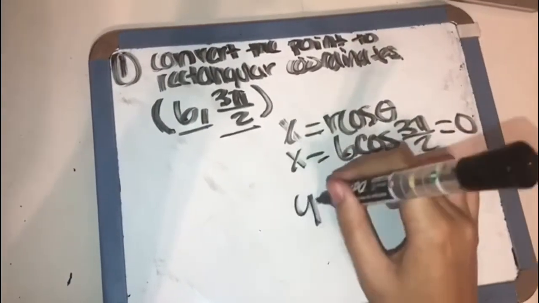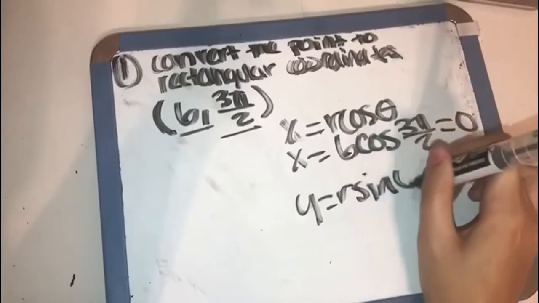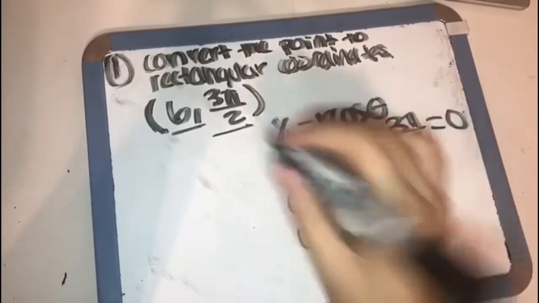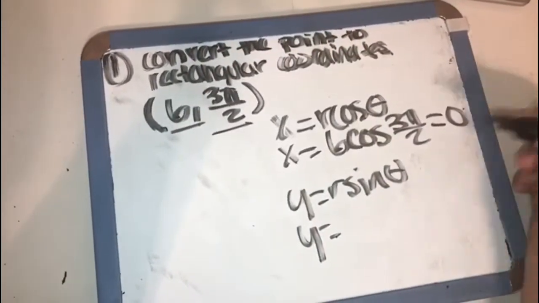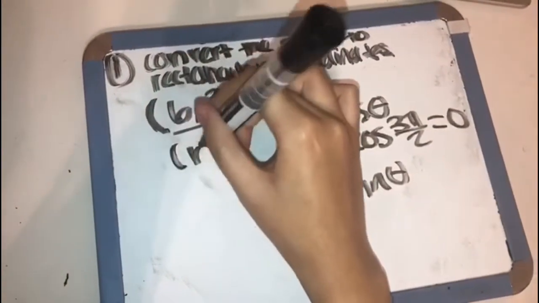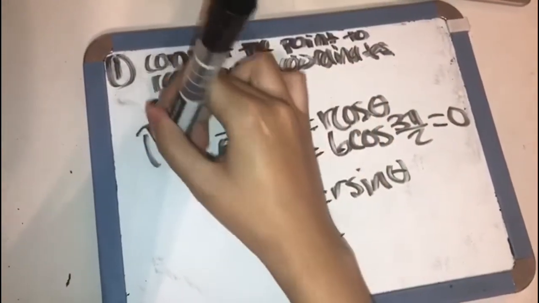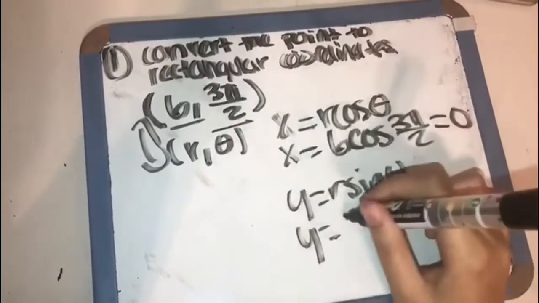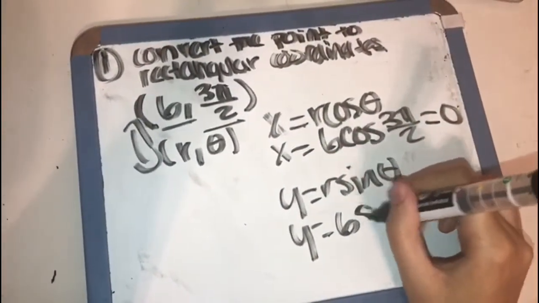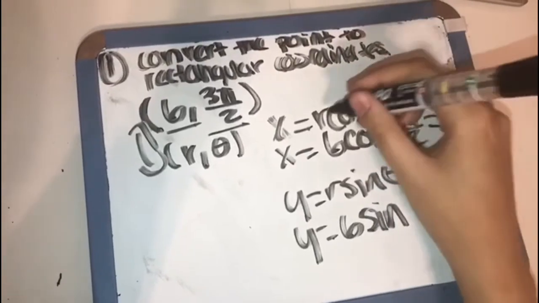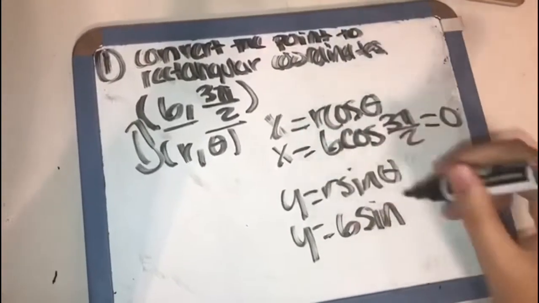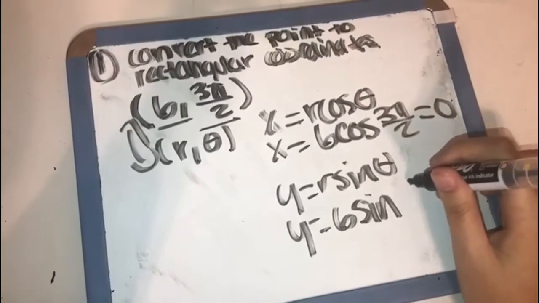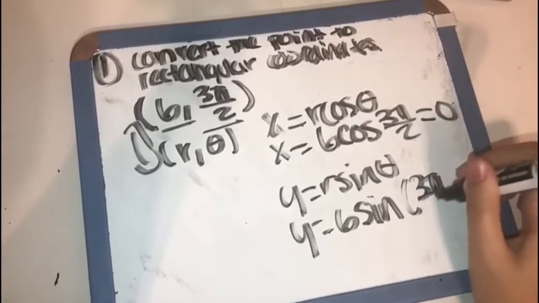Now y equals r sine theta. Remember, it's not x and y, it's r and theta. So y equals 6 sine 3 pi over 2, because cosine is for x and sine is for y.